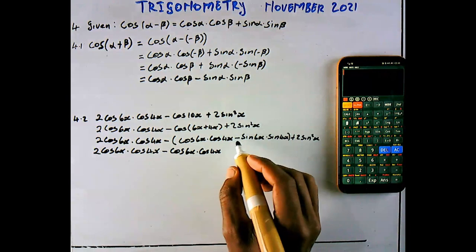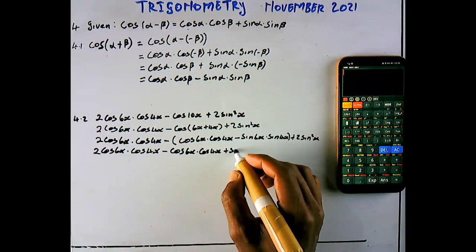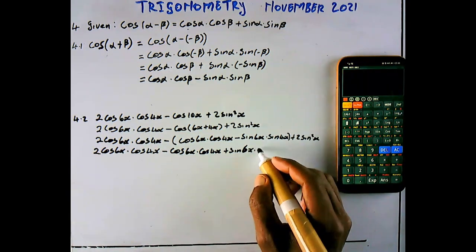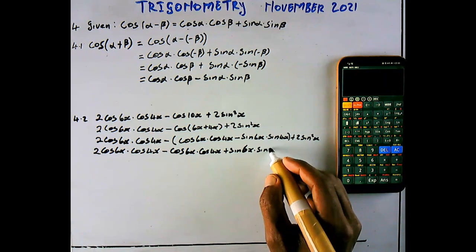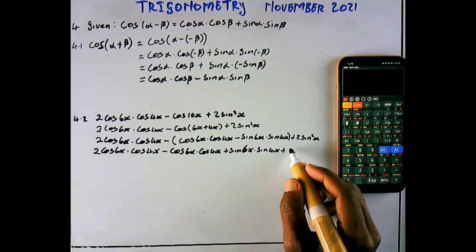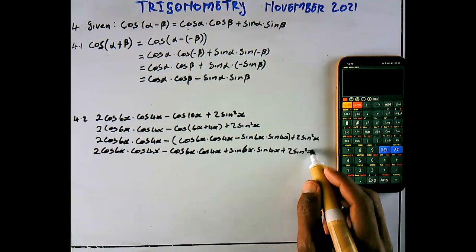This minus and this minus becomes positive, then sine 6x multiplied by sine 4x plus 2 sine squared x.